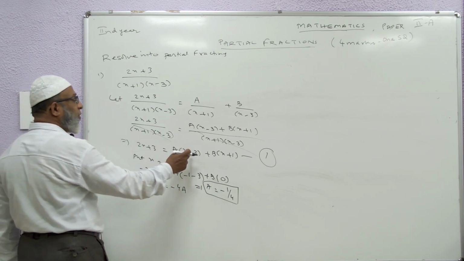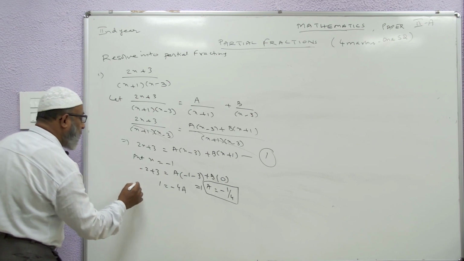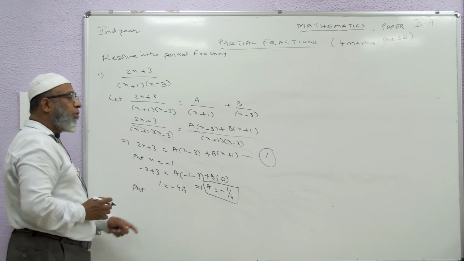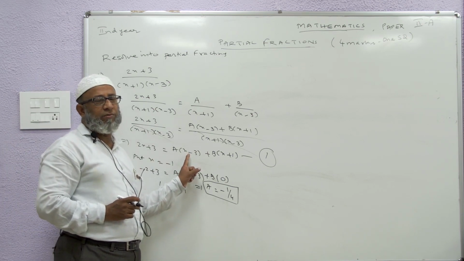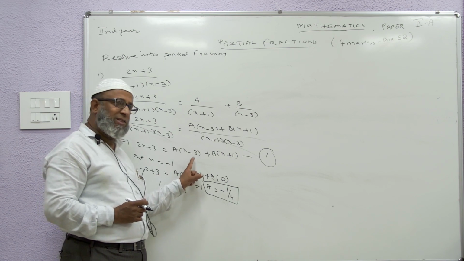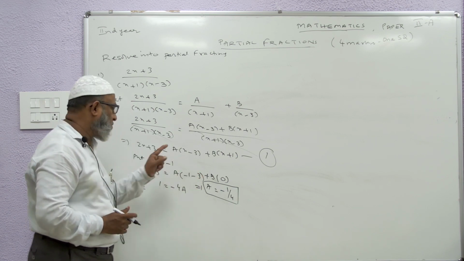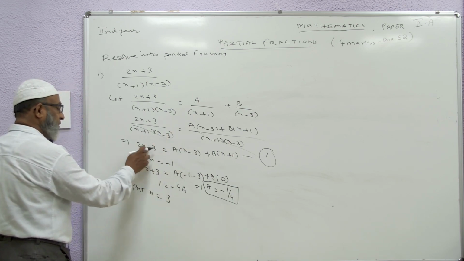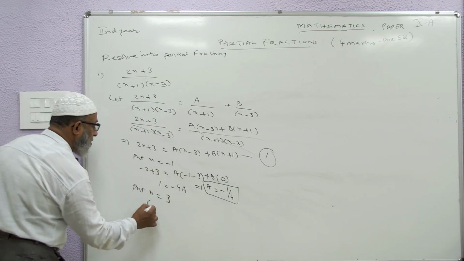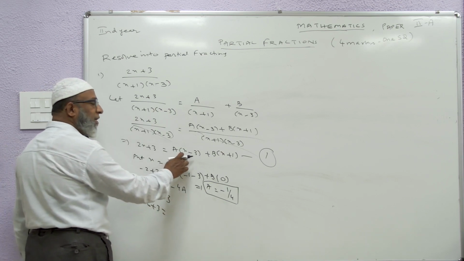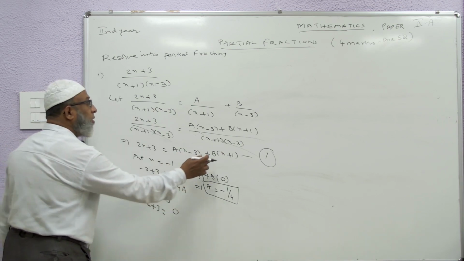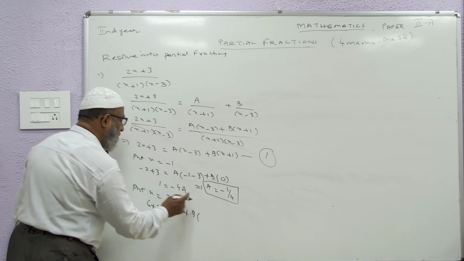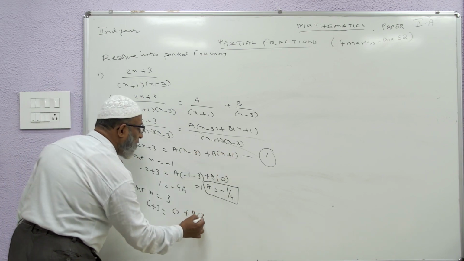Secondly, I have to get the value of B. Now, as I told you, you have to put the opposite number of this. What is this? -3. So what is the opposite of -3? Plus 3. So substitute x equal to 3 in equation 1. What happened? 2 times 3 is 6, 6 plus 3 is 9. Now, if I put 3 here, 3 - 3 becomes 0, plus B into, if I put 3 here, 3 + 1.